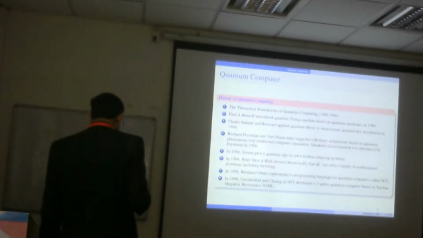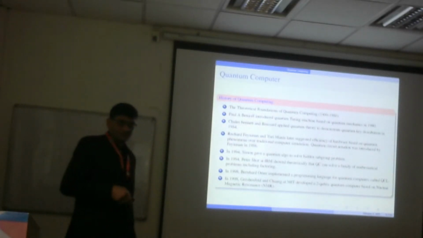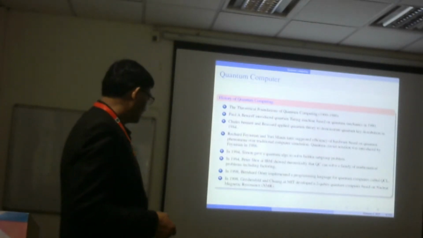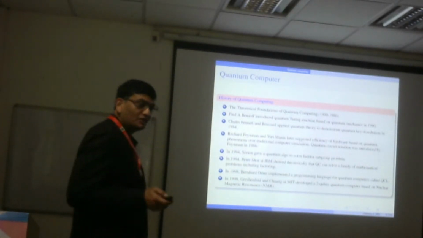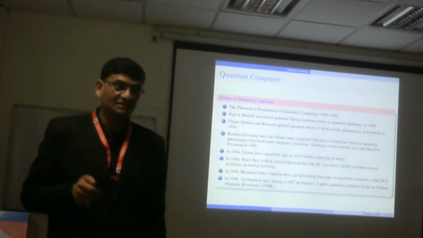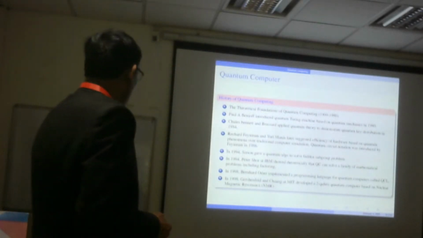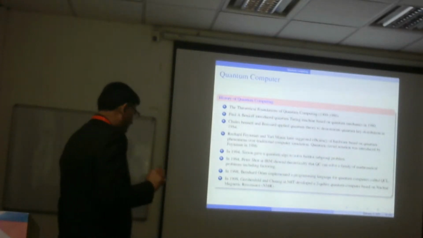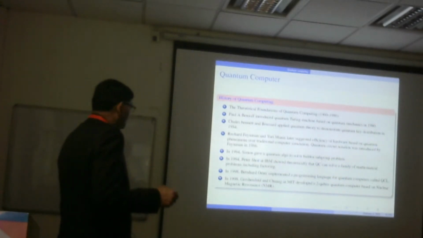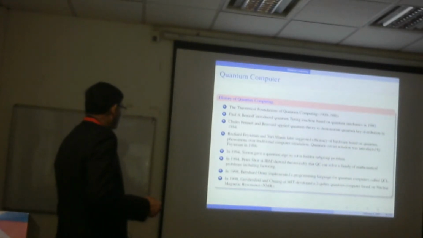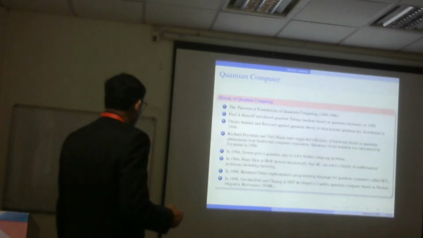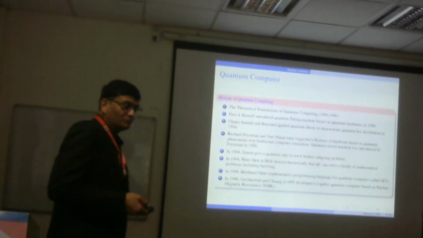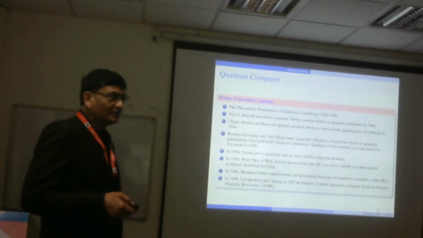A lot of research has now been done in the area of quantum computers. The theoretical foundation of quantum computing started in the early 80s, and a lot of theoretical work was done between 1980 and 1990. Paul Benioff introduced the quantum Turing machine, just like the Turing machine concept and finite state automata.